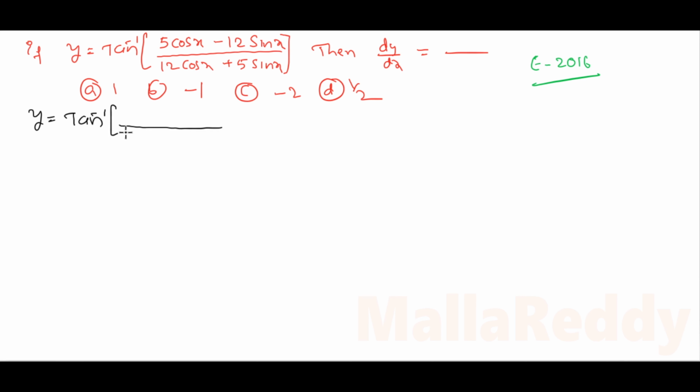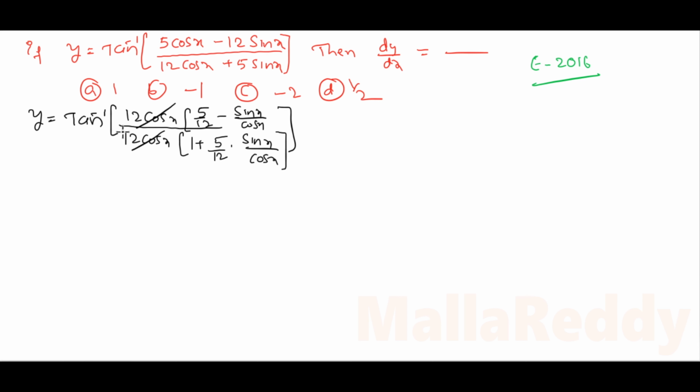In the numerator take 12 cos x common, that is 1 plus 5 by 12 into sin x by cos x. In the numerator also take 12 cos x common, that is 5 by 12 minus sin x by cos x.